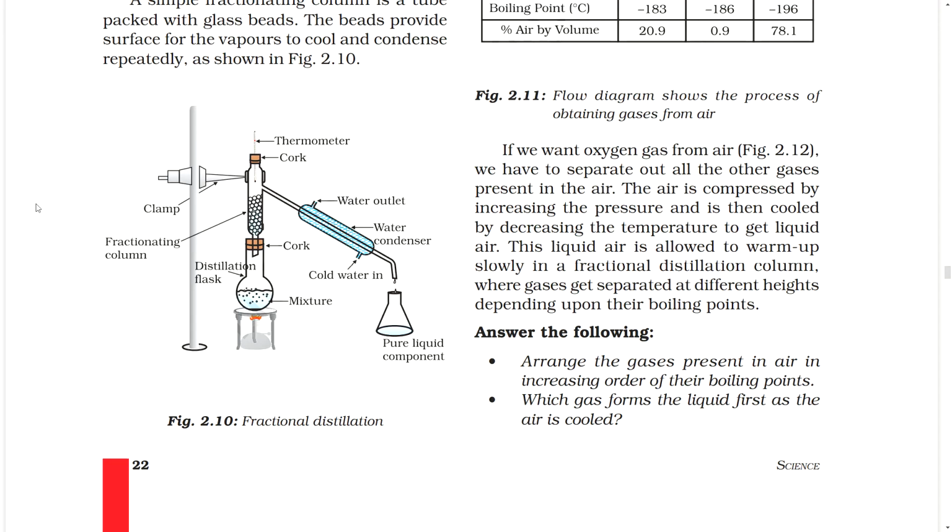The air is compressed by increasing the pressure and is then cooled by decreasing the temperature to get liquid air. This liquid air is allowed to warm up slowly in a fractional distillation column, where gases get separated at different heights depending upon their boiling points.